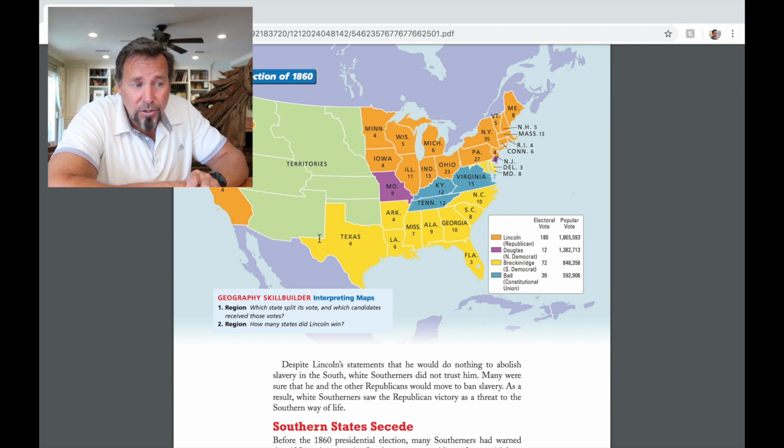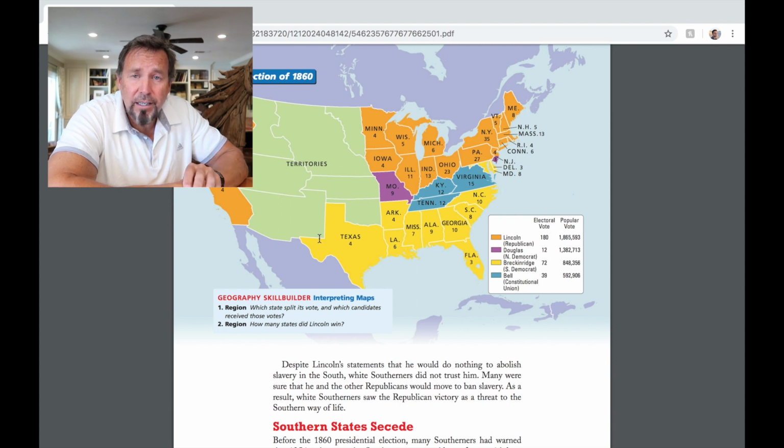However, I would like you to notice, if you add the popular vote together for Douglas, the Northern Democrat, and for Breckinridge, the Southern Democrat, then they basically would have had 2 million votes compared to Lincoln's 1,865,000. It is also interesting to note that Lincoln was basically a minority president.